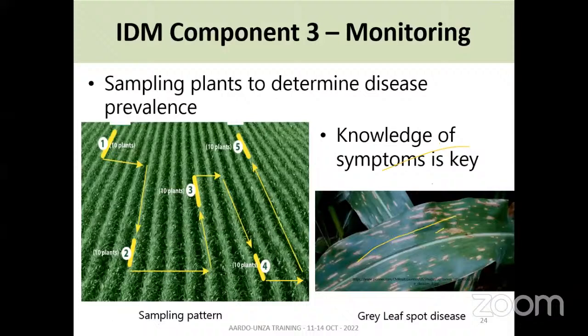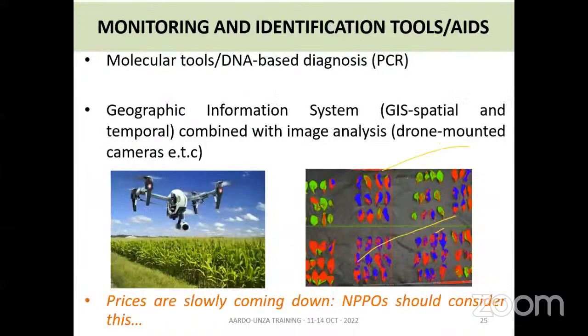Typically, and you've seen this slide before, you go in a zigzag manner, in a random manner, and at every spot you stop to look at the number of plants with symptoms. That's one way you can do the monitoring, which is the manual one. You could also use drones, like I said earlier on.